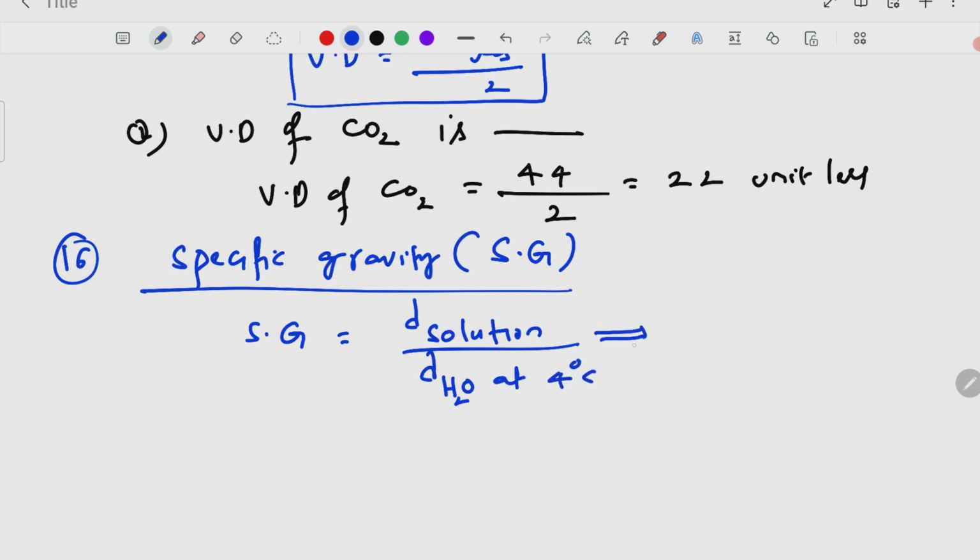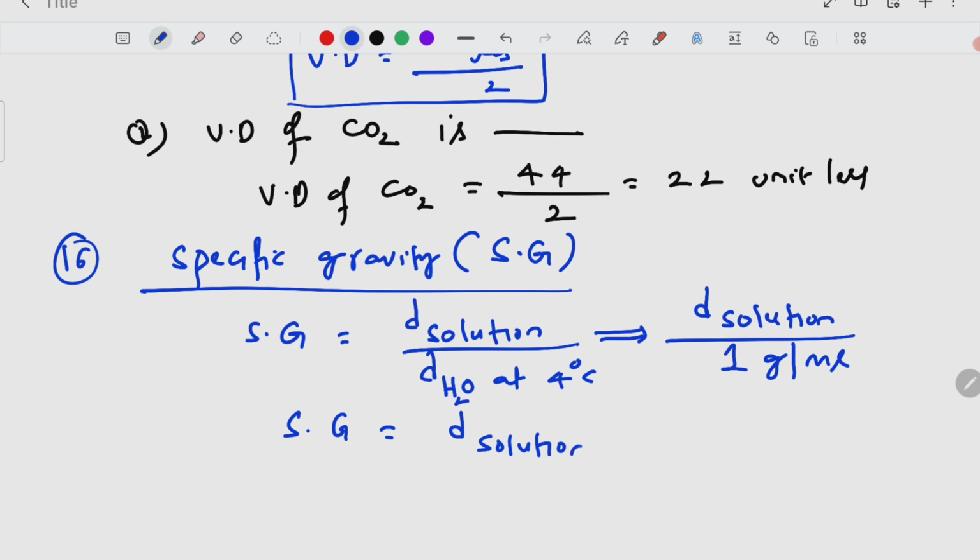Density of solution, here we represent for solutions, this one. The above two we represent for gases. Density of water at 4 degrees Celsius, we know it is 1 gram per ml. So then specific gravity is exactly equal to density of solution only, but without any units, because the 1 gram per ml units cancel here.